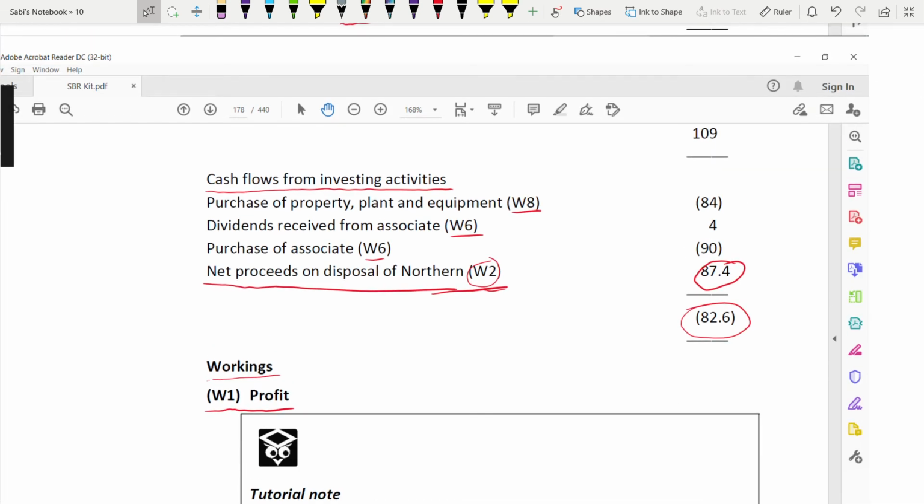So this is over. Next is purchase of associate, and also from that we'll get the dividend received from associate, both from working number 6, 90 and 4. So we'll go to working number 6.